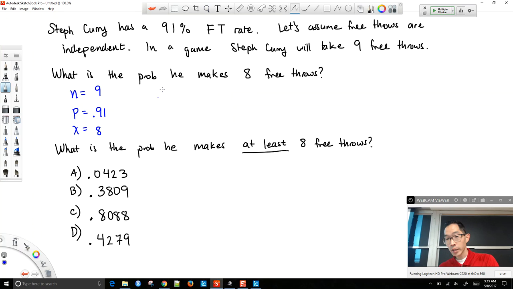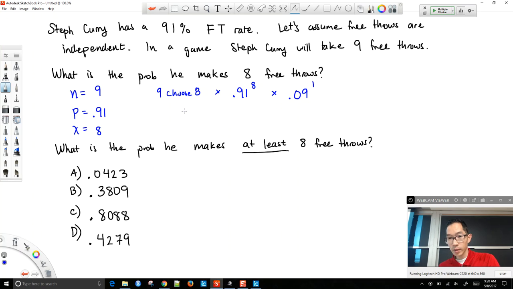So we're going to do 9 choose 8 times the probability of a success, 0.91, raised to the number of successes, which has to happen 8 times, multiplied by the probability of a failure, or a miss, which has to happen 1 time.